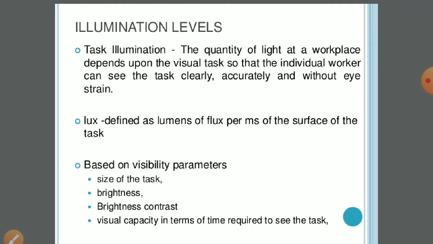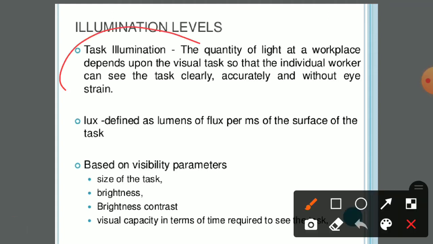Whatever work they are carrying out should not be hampered, so that the individual worker can see the task clearly, accurately, and without any eye strain. That's the main motto of illumination here. So that's the task illumination.